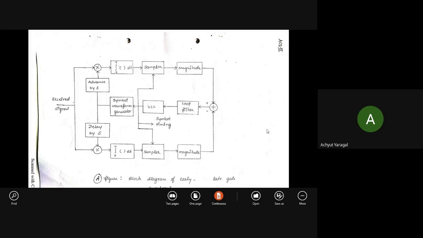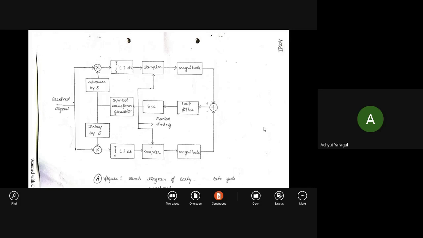This is how I can explain the figure, the early late gate symbol synchronizer. Remember, we have two figures here. This is the one we have to understand clearly, how exactly the early late gate symbol synchronizer works.